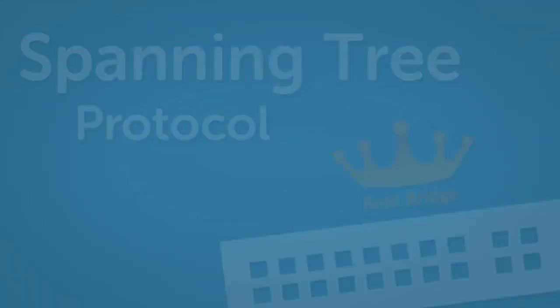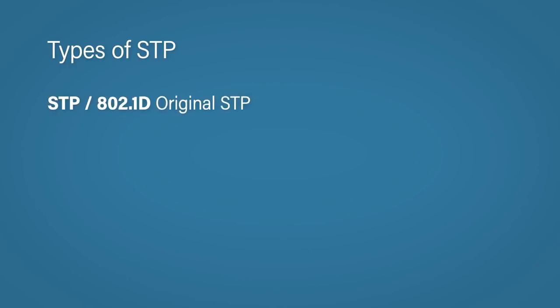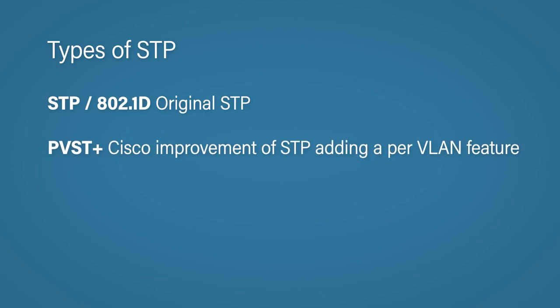Before we go any further, it's worth mentioning that there are a few different types of STP that have been developed over the years. The main ones are standard STP, or 802.1d. This is the original STP. PVST, which is the Cisco improvement of STP, adding the per VLAN feature.